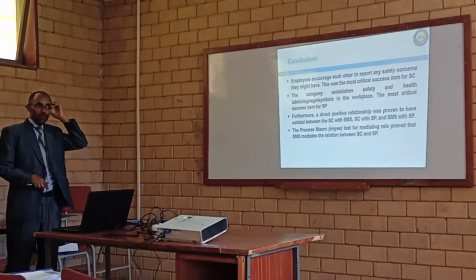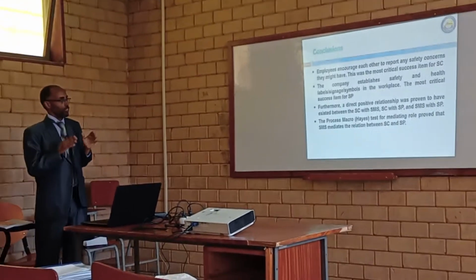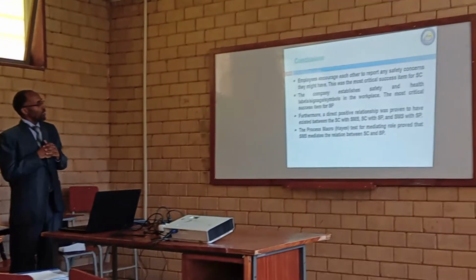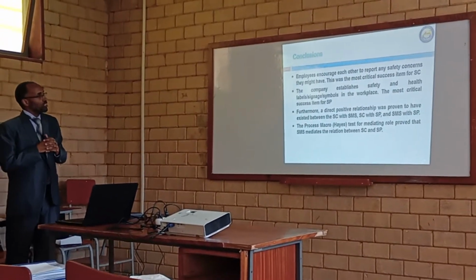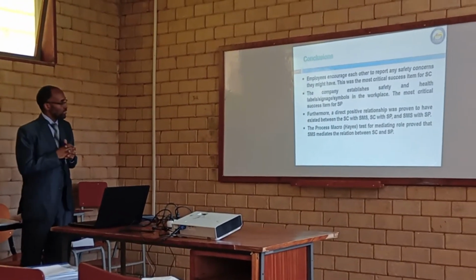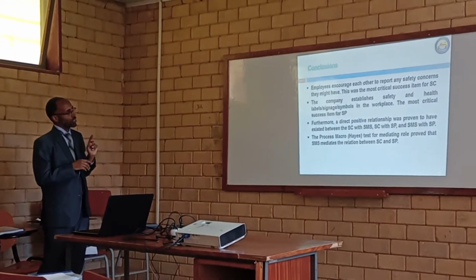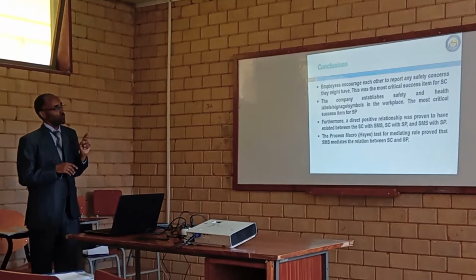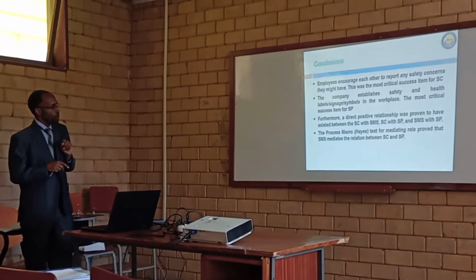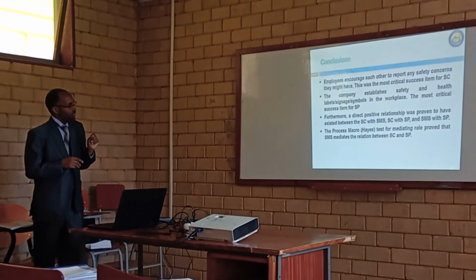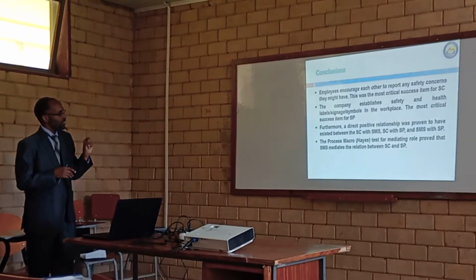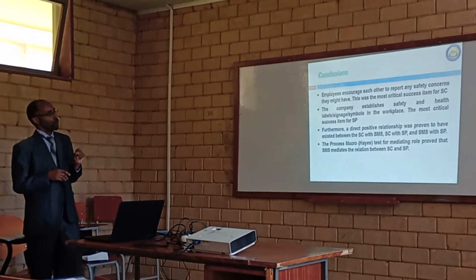Finally, I would like to put some concluding remarks based on my research. Employees encourage each other to report any safety concerns they may have. This was the item included in safety culture, and it was the most critical success item for safety culture. The company established safety and health signage and symbols in the workplace.